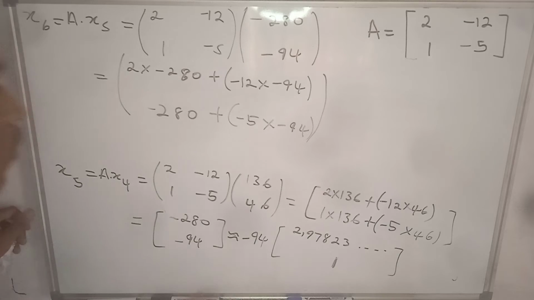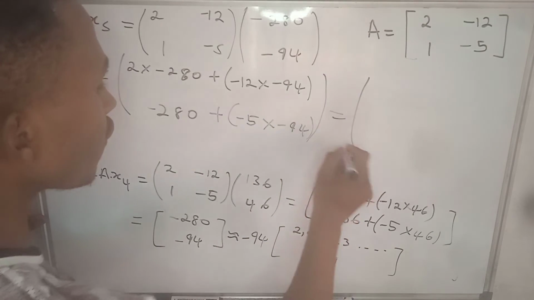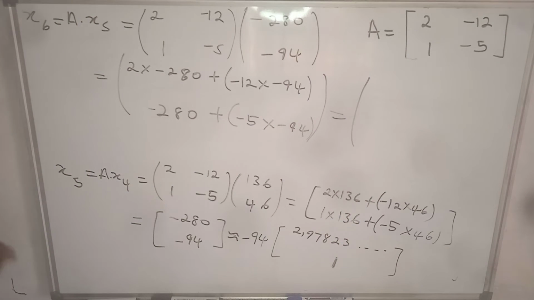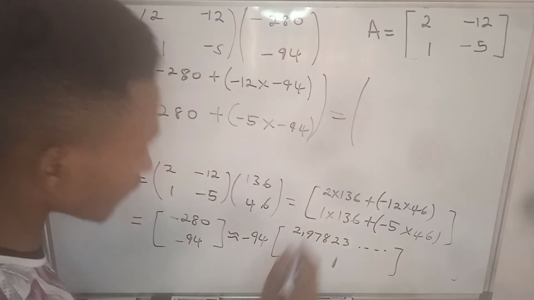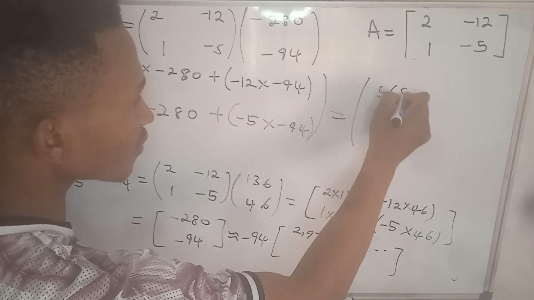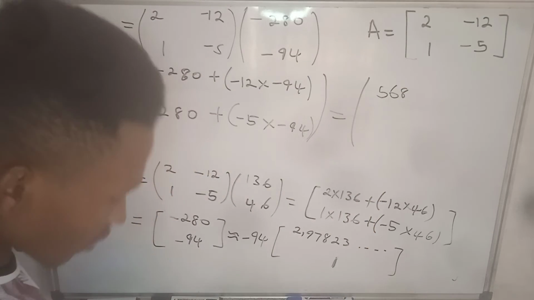So this is what we are getting. If you punch this on your calculator, you are going to get a number like this: 568 and 190.